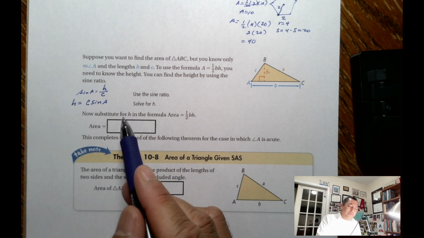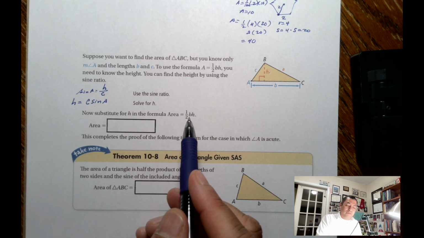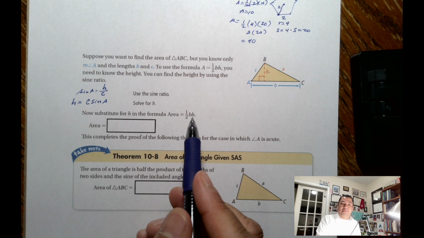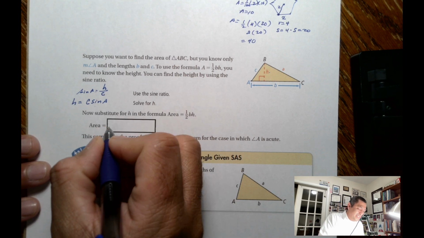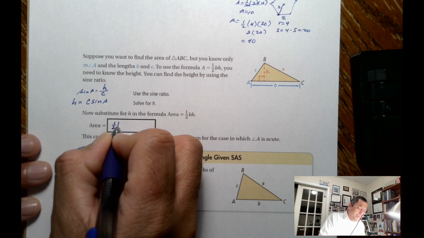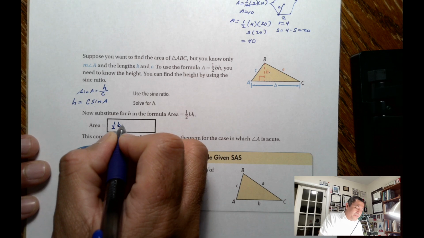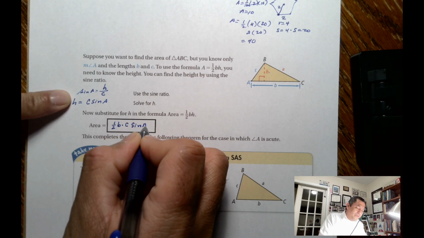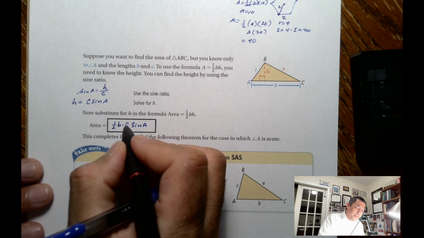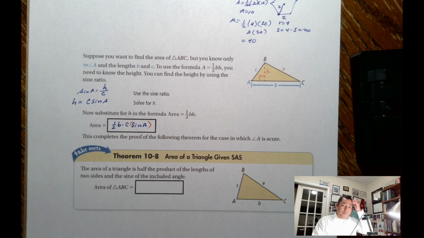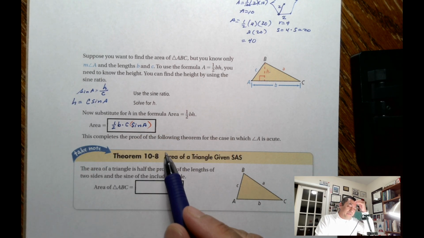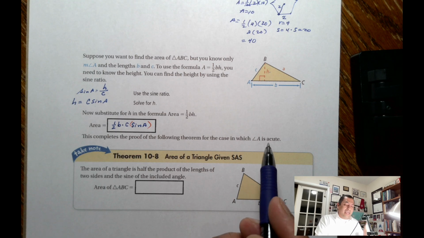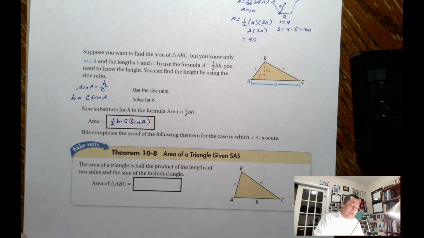So now let's substitute this height into the formula of 1/2 base times height. So the area in this case is going to be 1/2 base times C sine of A. And you can just put parentheses around the sine of A if you want. Now this completes the proof of the following theorem in the case in which angle A is an acute angle.